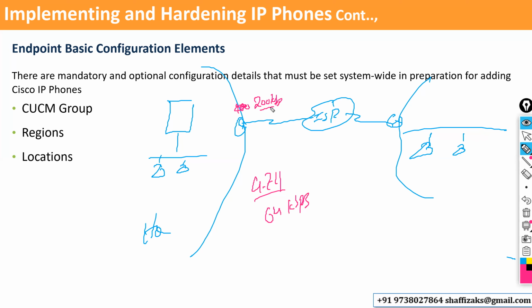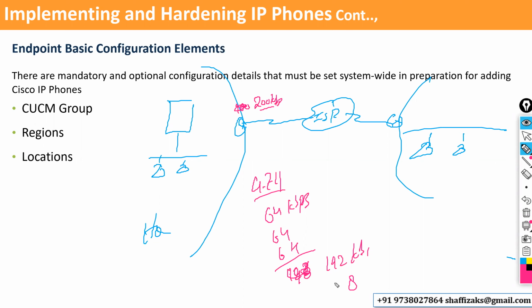We have defined 200 kbps, which means concurrently how many calls can we make? 3 calls. 64, 64, 64 is 192 kbps. Out of 200, how much bandwidth is available now? 8 kbps. Now if I try to make a fourth call, I don't have enough bandwidth.